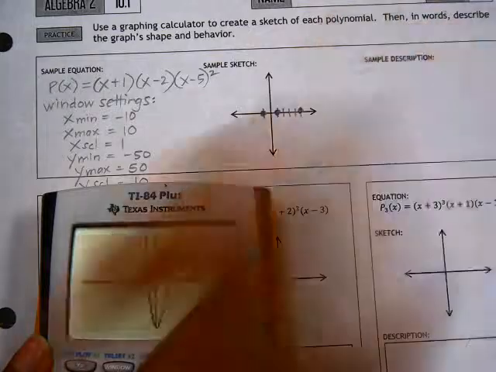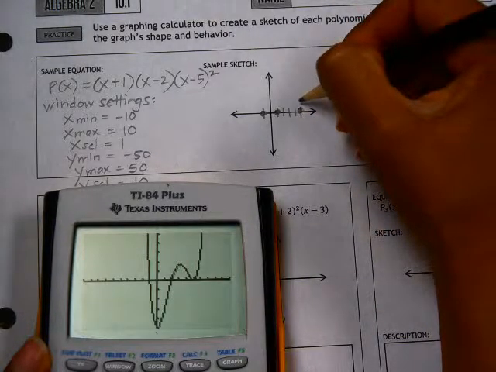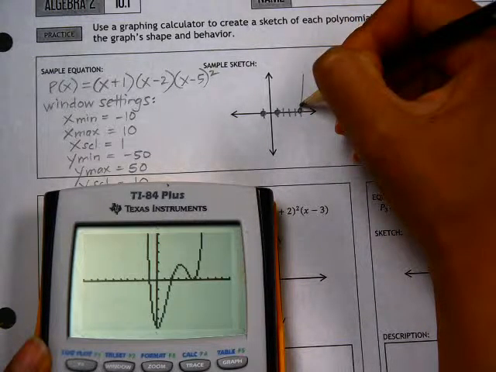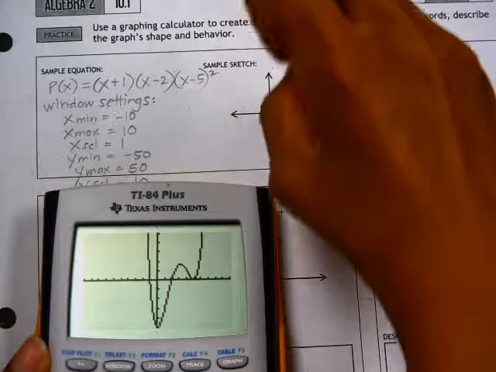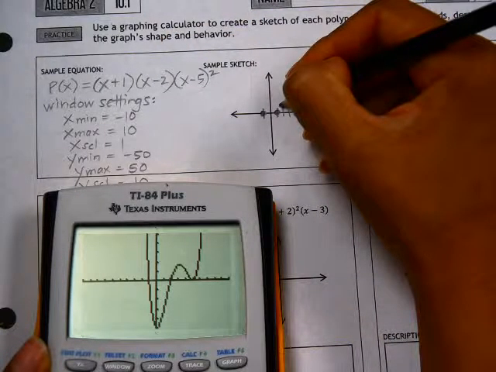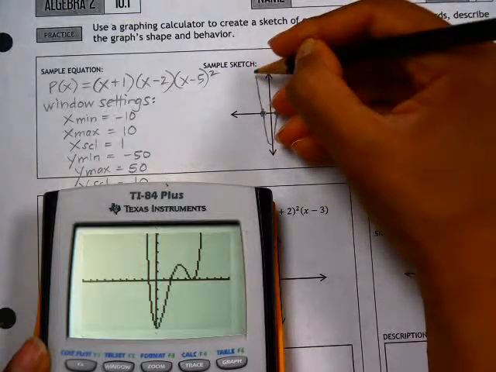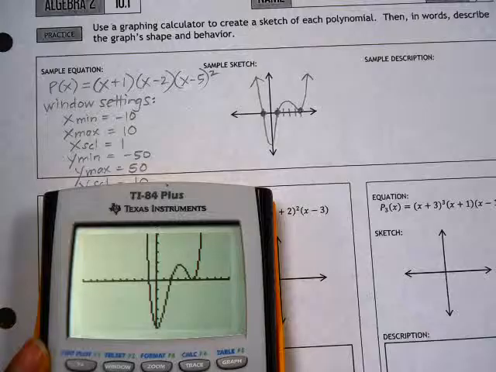So sketch those 3 x-intercepts on your paper, and everything else is just a sketch. So we're going to sketch the graph we see by looking at the x-intercepts and then the rest of the behavior of the graph. And don't worry too much about how low or how high the graph goes.